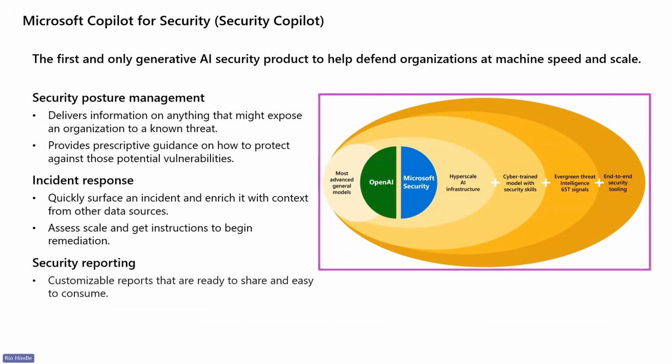And to finish off this bit, just Copilot for Security. We talk a lot about Microsoft Copilot for 365 or Microsoft Copilot, and that's all around productivity, taking away those mundane tasks from you on a day-to-day basis, being able to create content by just asking Copilot to do so.